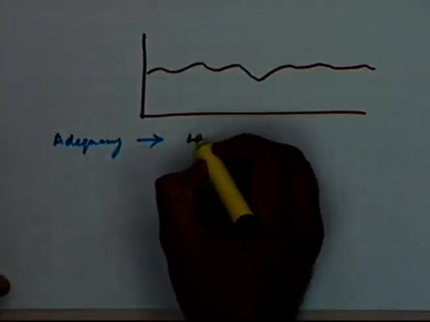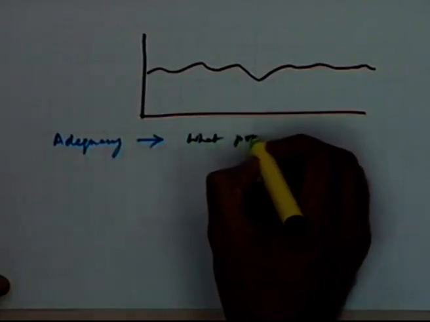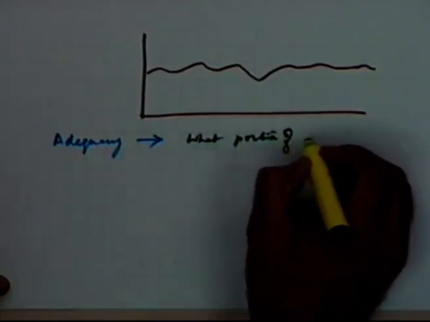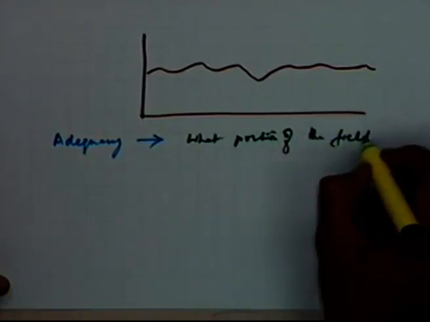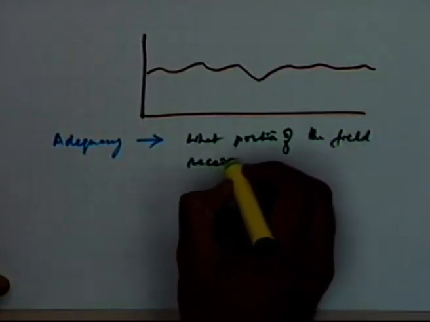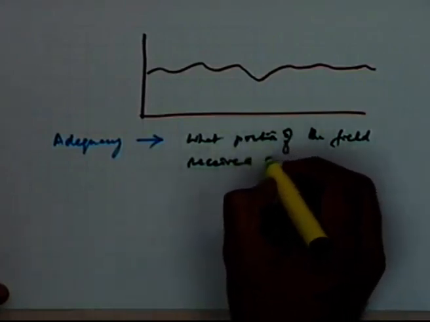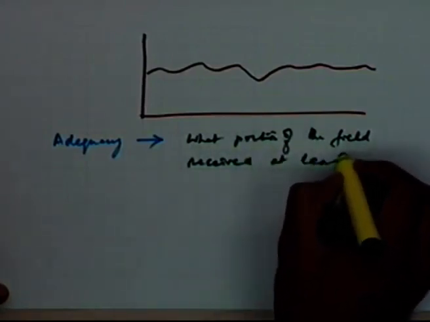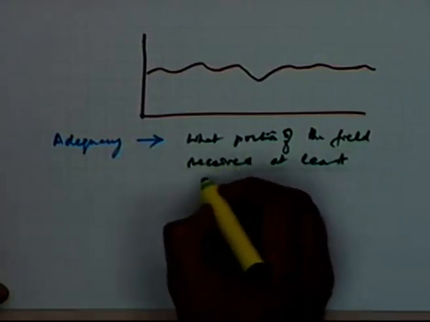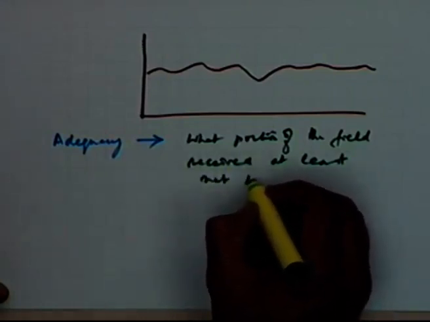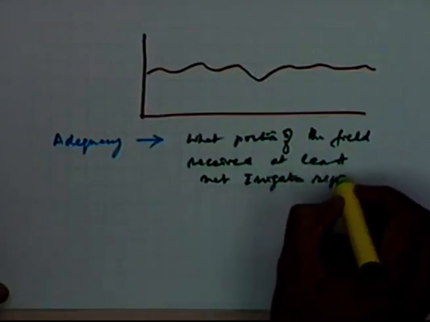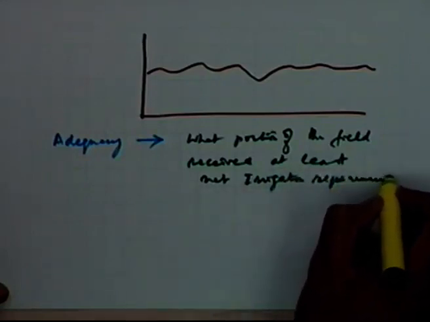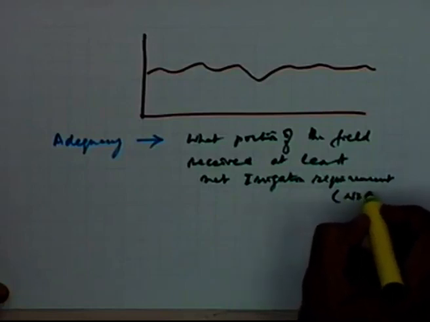The first one is that what portion of the field received at least the net irrigation requirement. Just call it NIR.